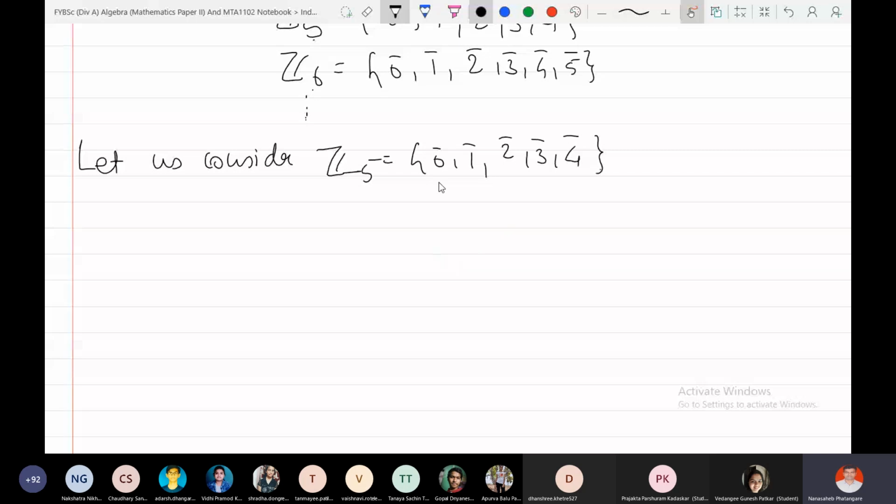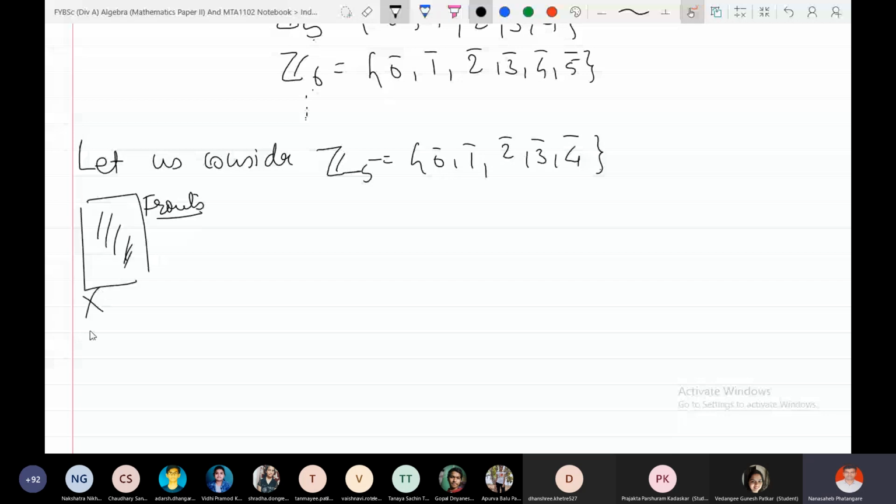So I want to define addition, how to add the objects. Now what are the objects in this set? I am looking at this as a set, and the objects are classes. Suppose you have various fruits. This tray contains all types of fruits, and on this set X I am going to define a relation.